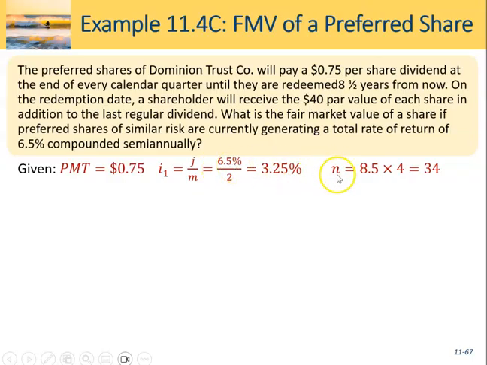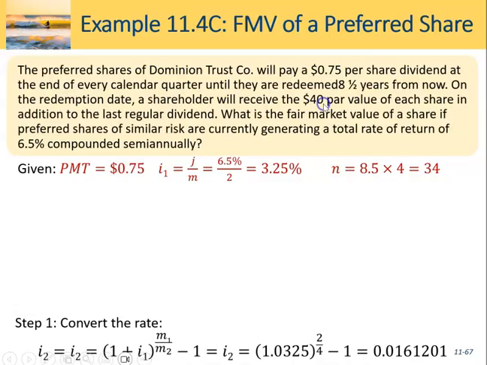We know our N: how many times a year are we getting payments? 4 times a year, because it's quarterly, times 8.5 years. So our N equals 34. And we know that our future value is 40.